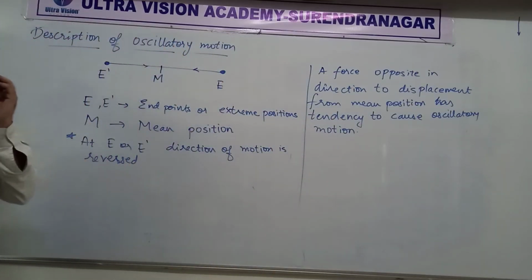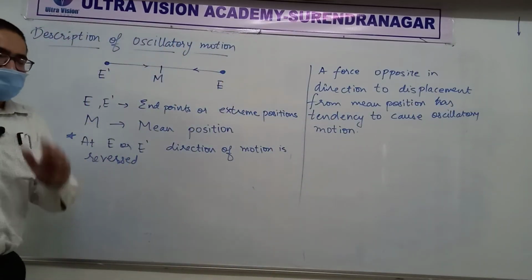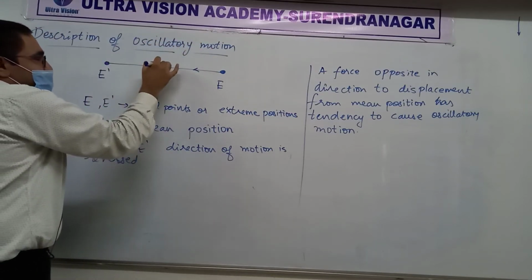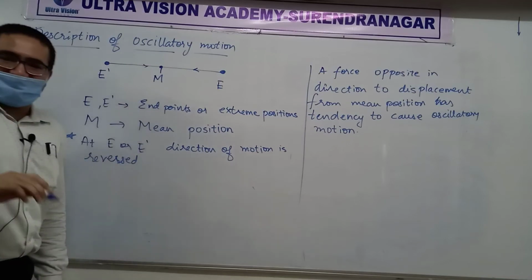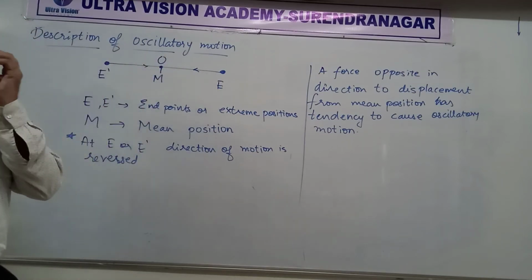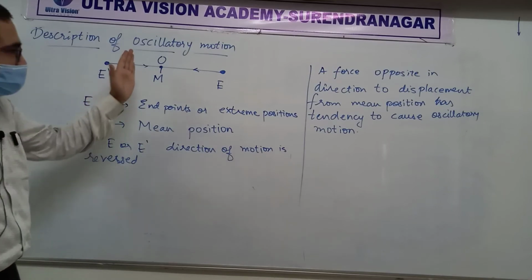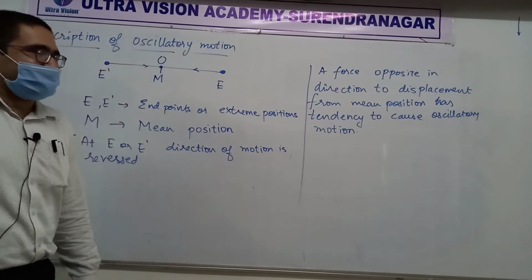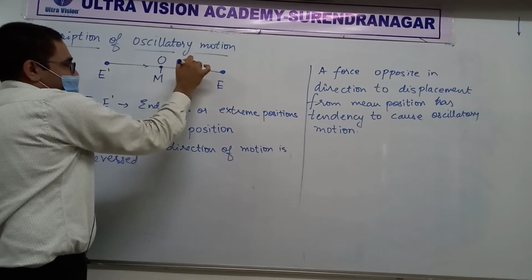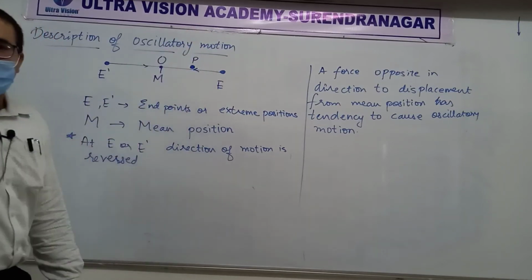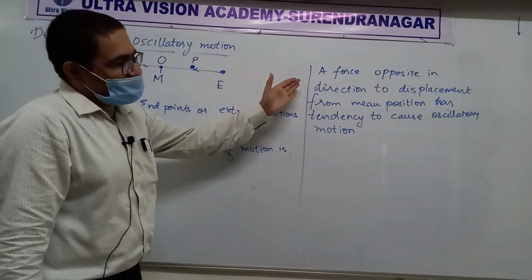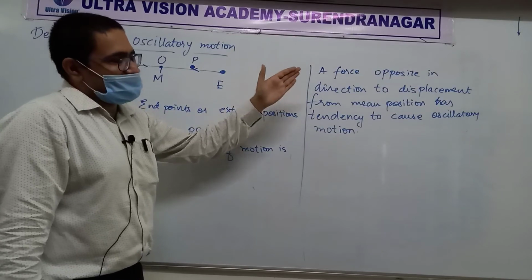Okay, that might sound like a weird sentence, but listen to this carefully. Let me point it out here, you'll understand. We take mean position as our origin, so we will calculate all displacements from the mean position. Now at some point, let's say the particle is here. What we have written here is that a force opposite in direction to displacement.